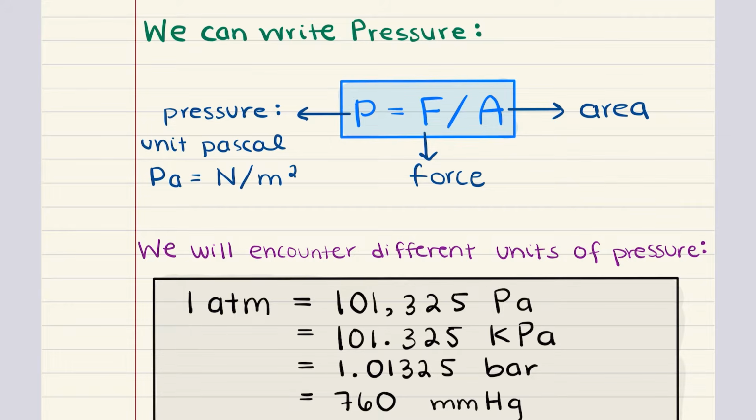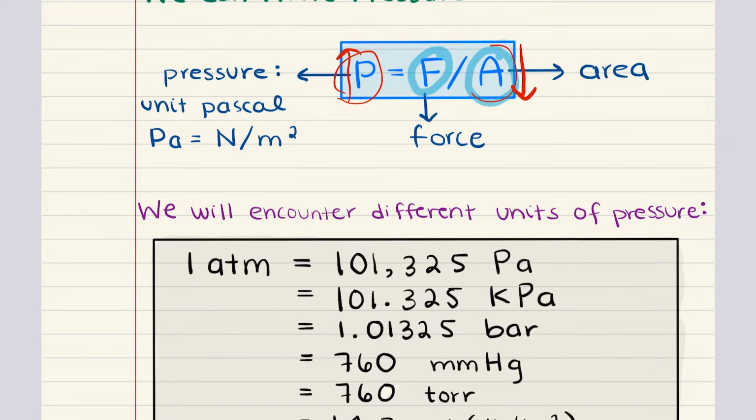So every gas exerts pressure on its surroundings, and this definition is expressed mathematically as pressure equaling force divided by area. Now, for a given force, the smaller the area over which that force is exerted, the higher the pressure. And that makes sense because pressure and area are inversely related.